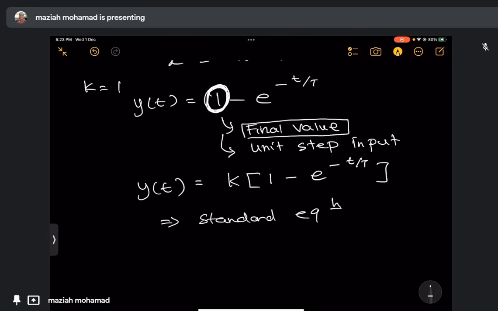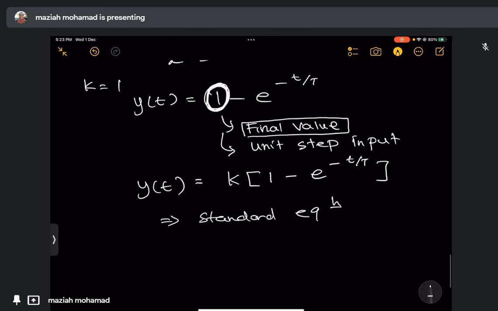Before this, we consider K equal to 1. But in these problems, we have value for K. Okay, K is not 1. K is 0.75. And then the input is not unit step input. So the input is actually 3.